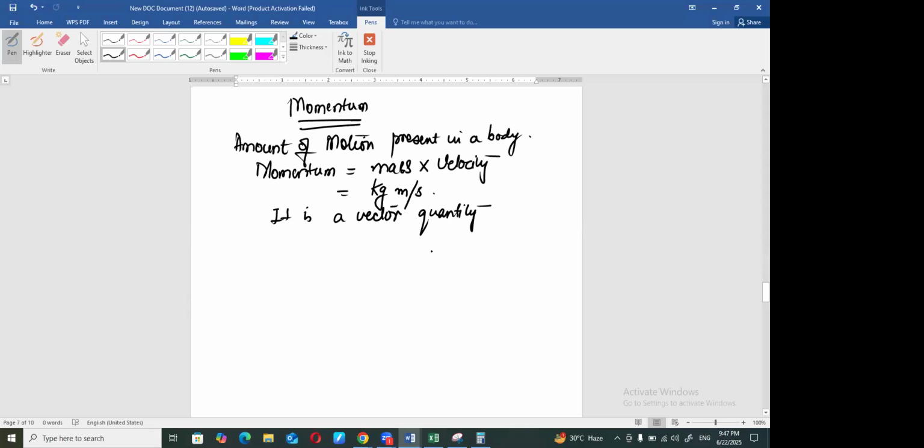Let me give you an example. Let's suppose there is a car. That car has a velocity of 5 meter per second, and the mass is, let's take an easy example, 1000 kgs, right? It goes there and strikes the wall, and then rebounds with a velocity of 3 meter per second.